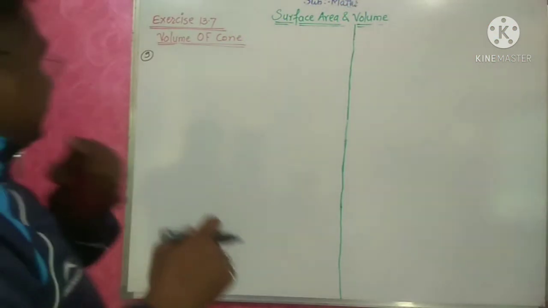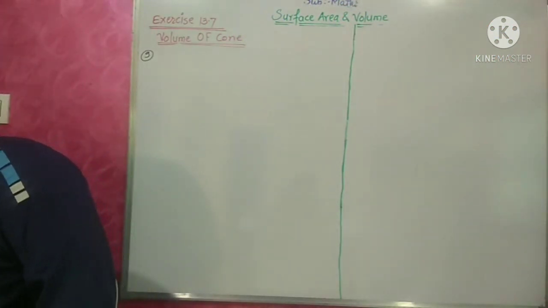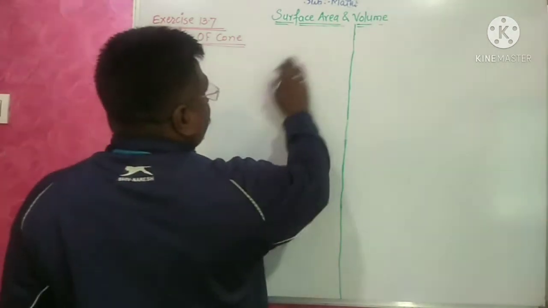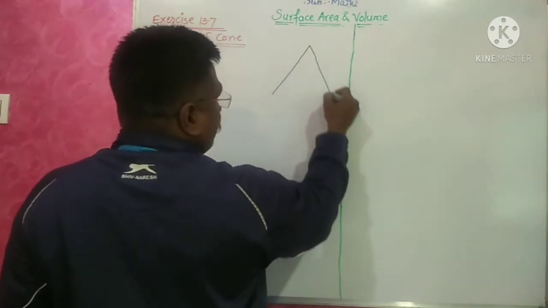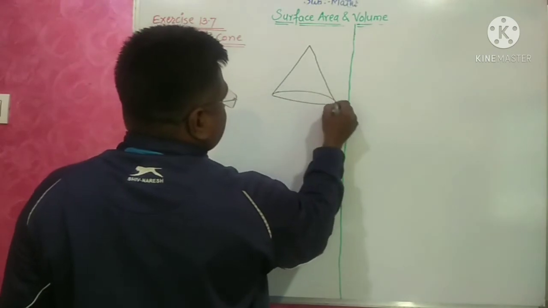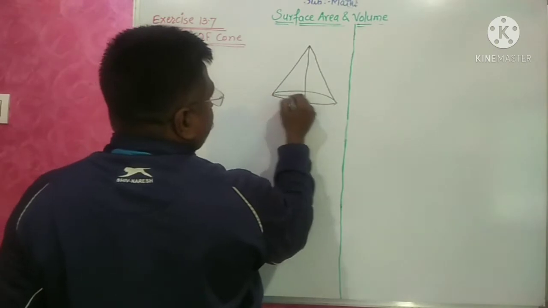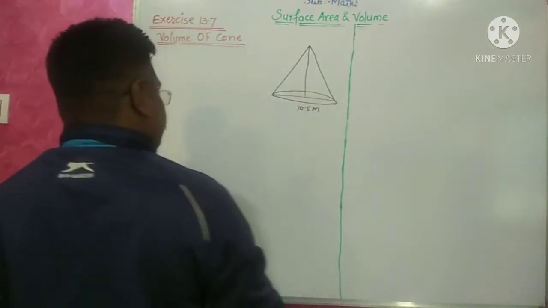So now we will go on to the next question. Now next is the 9th question. What is given in the 9th question? See, a heap of wheat is in the form of a cone whose diameter is 10.5 meter. Heap of wheat is in the form of cone. So like this, the heap is forming in the form of a cone. This diameter is given 10.5 meter.